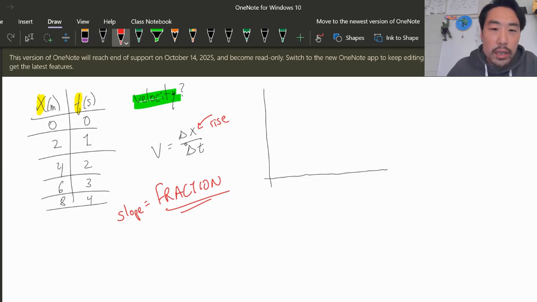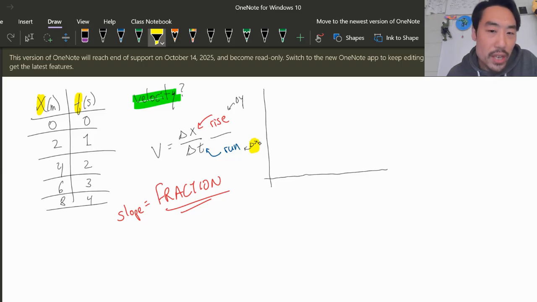And down here, this is the change in the x-axis, and I'm just going to call that my run. In math class, you would have learned this as delta y over delta x. Now, it's important to know that this delta x here is not change in position, but the change in the x-axis. And much like here, this delta y is not the change in the y position, but just the change in the y-axis.